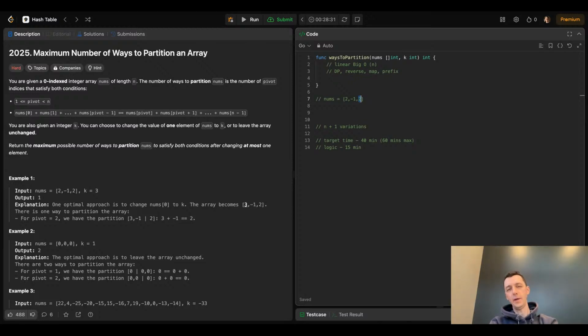By the way, when we talk about sums, it reminds us of the prefix sum array. What else does it remind us about?